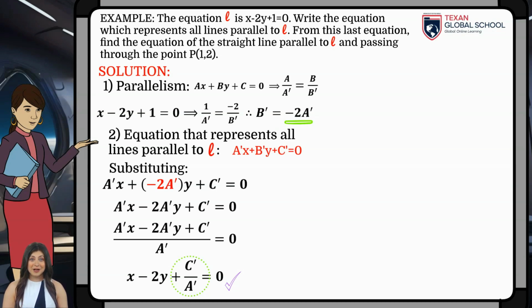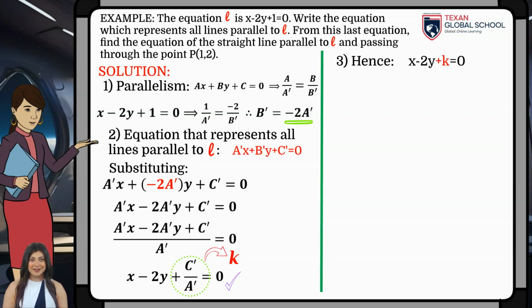This is the equation that represents all the lines parallel to L. In this way, the independent term determines the constant k equals c'/a', thus obtaining the equation x - 2y + k = 0.